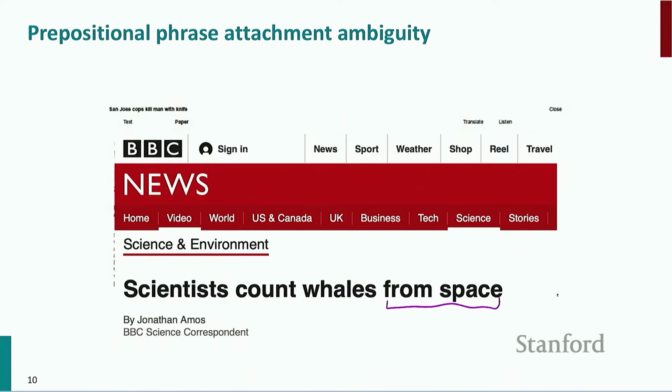Yeah, so we've got this prepositional phrase here. One possibility is that this prepositional phrase is modifying whales. So they're whales from space. And the other possibility is that it's the counting that's happening from space. So the scientists are counting it from space.